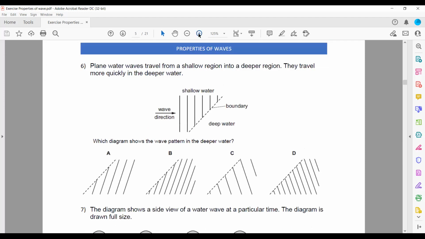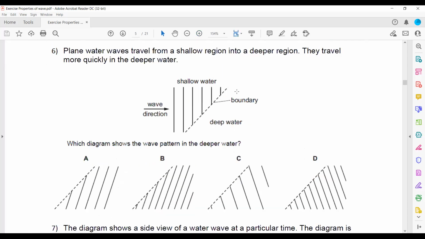Okay, in question 6, the plane wavefronts are moving in a shallow region and now travel into deep water. In shallow water it moves slower, and in deep water it travels faster. So if it is traveling faster, how should I draw the wavefront?